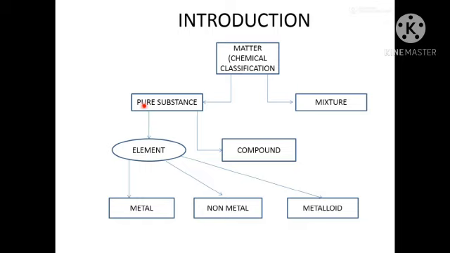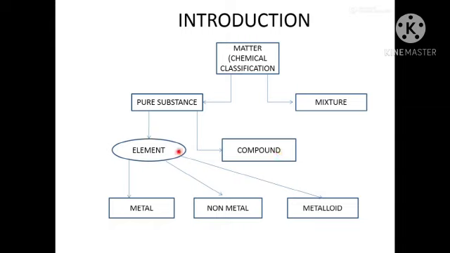Pure substances can be classified as elements and compounds. If the same kind of atoms are there, then they are known as elements, and if different kinds of elements chemically combine, then they form compounds.